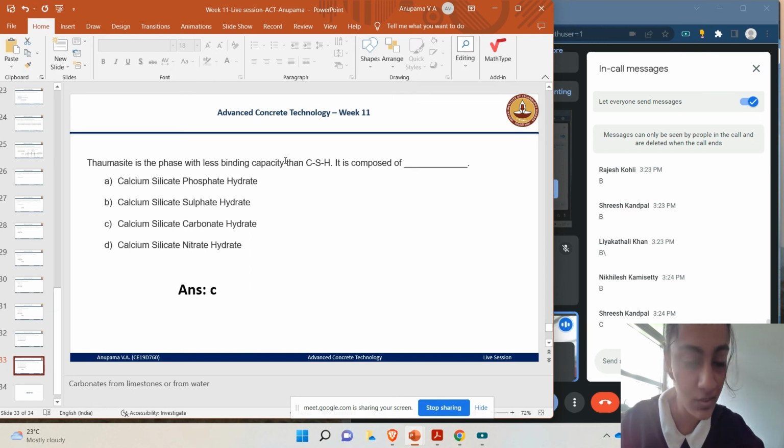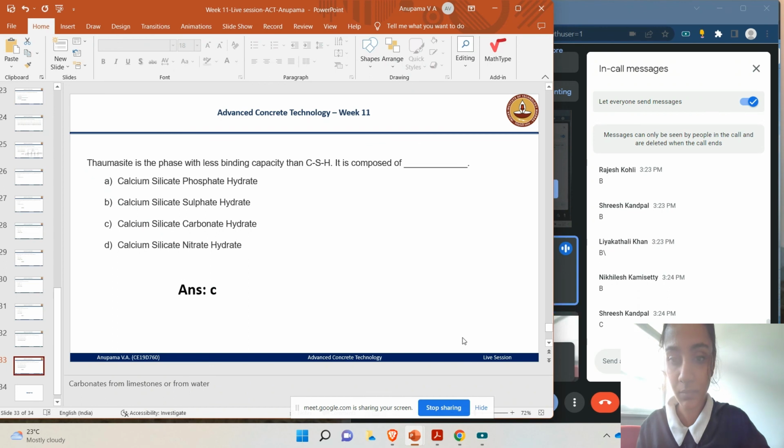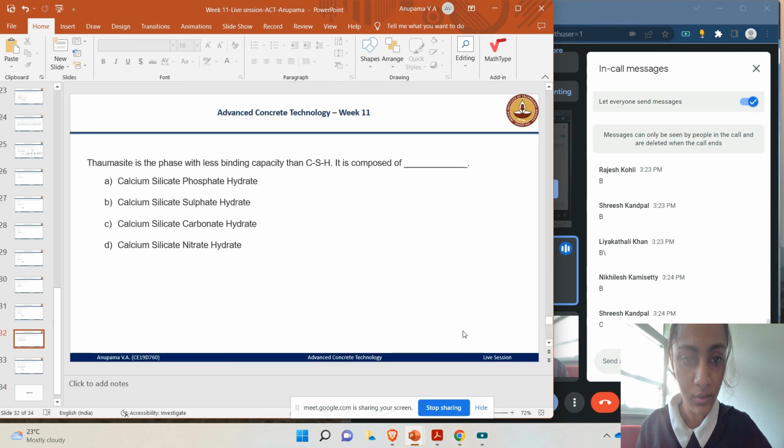I think that's all for today. Ma'am, when sir was explaining, sir said it is calcium silicate and sulfate, because he wrote on the projector C, S, S bar, that is sulfate, and then C bar, carbonate. There is one slide, ma'am, on other forms of sulfate attack.